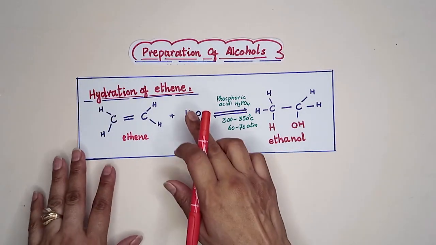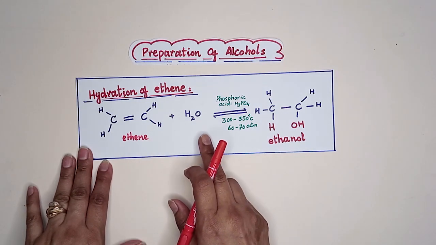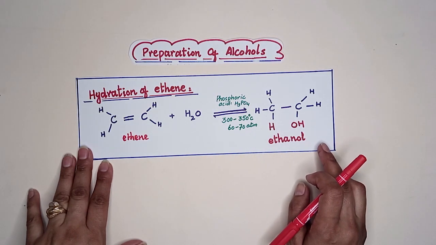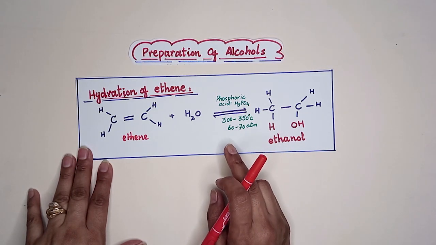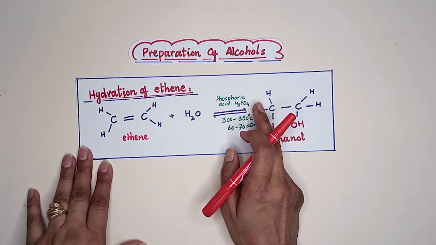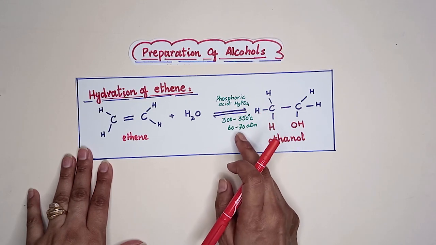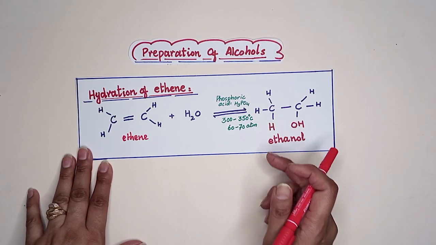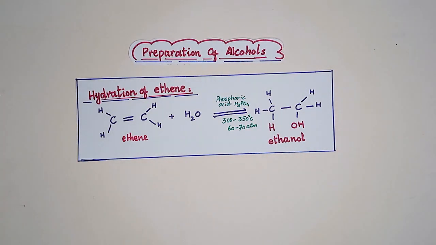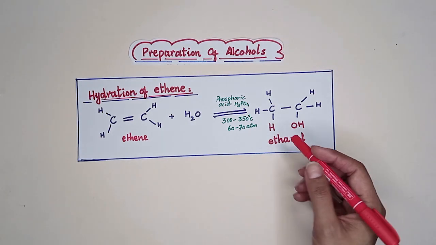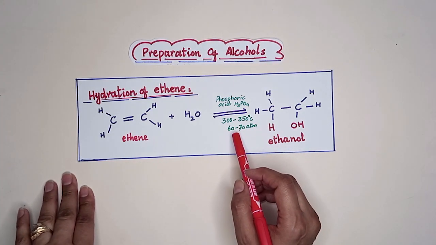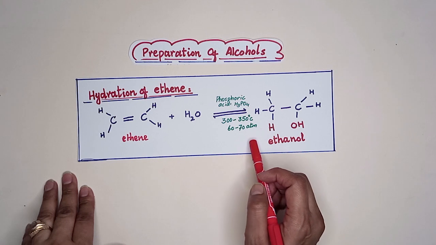If we talk about the hydration of ethene, ethene will be hydrolyzed in the presence of steam, and it is going to form ethanol. The reagent and conditions required for this reaction are, number one, phosphoric acid, H3PO4, and a temperature of 300 to 350 degrees centigrade. The temperature may vary, up to 400 degrees centigrade, but the most acceptable range is 300 to 350 degrees centigrade, and the pressure required is 60 to 70 atm.